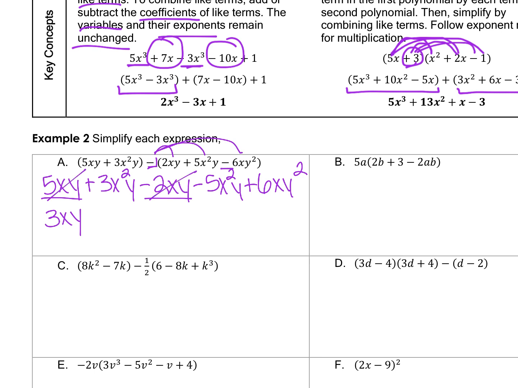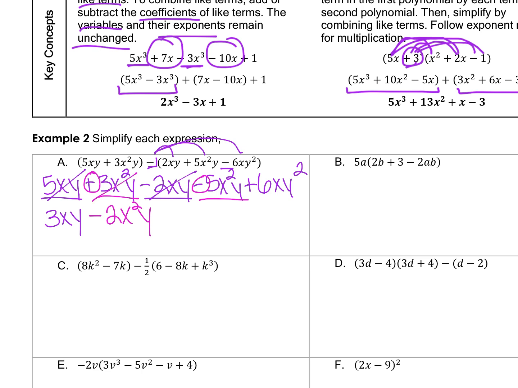Next part, notice I have an x squared y. So I'm looking for another x squared y. Pay close attention to the signs in front of each one. We are doing +3 minus 5, which would give us a -2, and then we're leaving our variables and exponents alone. We do not change them.